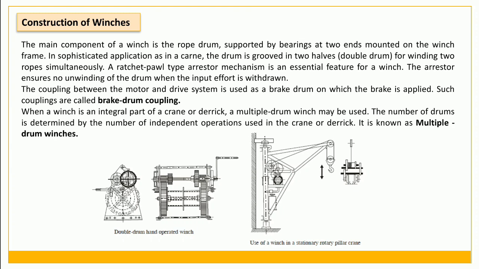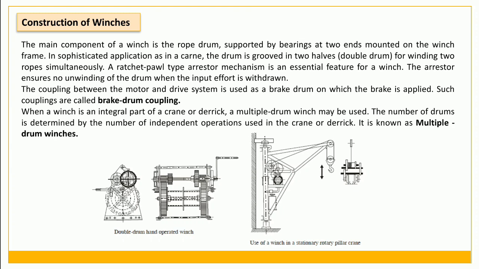In a sophisticated application as in a crane, the drum is grooved in two hubs for winding two ropes simultaneously. A suitable mechanism is provided for guiding the rope along the proper length or groove during winding. This drum is connected to the input effort through a series of gearing of suitable reduction ratio, which determines the ultimate pull in the rope corresponding to the torque applied at the input.